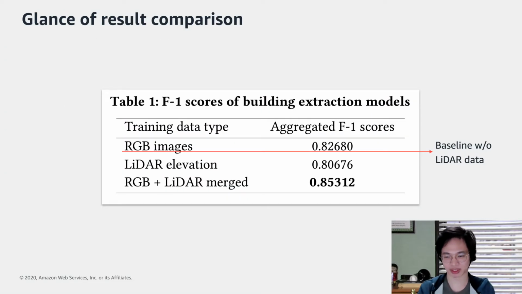A glance at the results that we want to show today is to highlight that the baseline without LiDAR data, if we only use the satellite images, is going to be really high. But if we combine the two together, the RGB and LiDAR data, we can achieve even higher than some of the winning teams at the original contest.